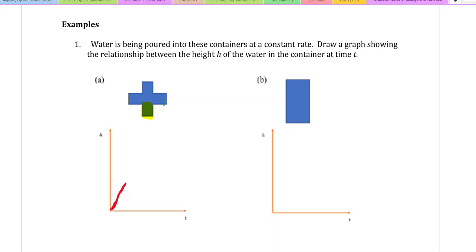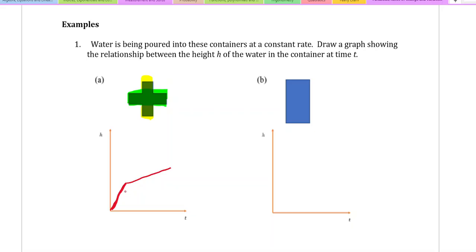Then as we hit the next part, because this is much wider, it's going to take a lot longer to fill that up. So it's going to slow down, but still be filling at a constant rate. It's going to be a slower filling for that next section. Then, once I hit the top of that cross, it's going to fill up at the same speed as the first section.